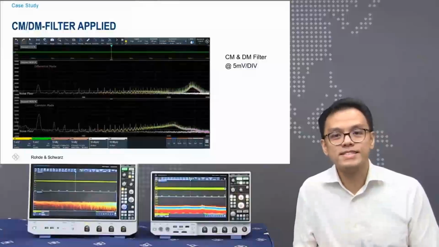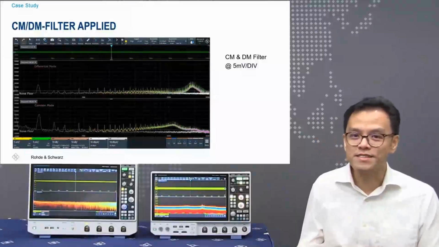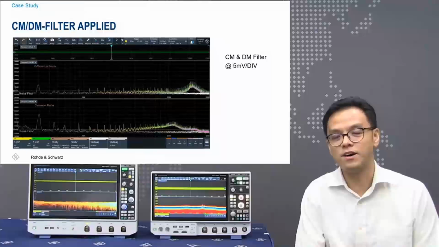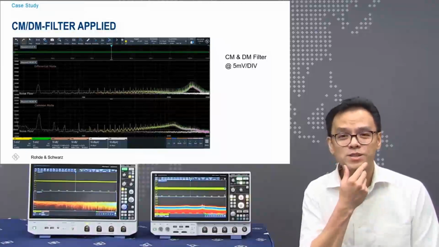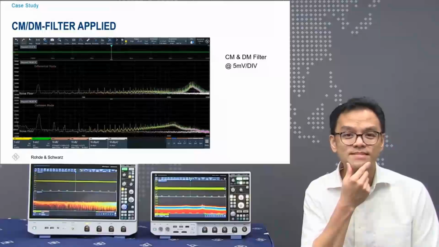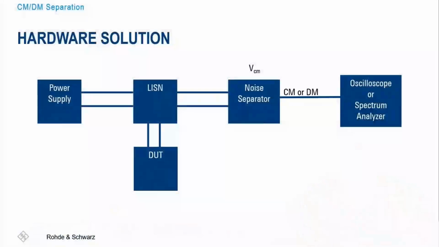Well, this method is effective, but not everyone may have access to high-quality oscilloscopes. Is there an alternative hardware solution? Indeed, there is. It's called a noise separator. Some receivers are equipped with such a circuit that is designed to couple common mode noise and differential mode noise into different ports.